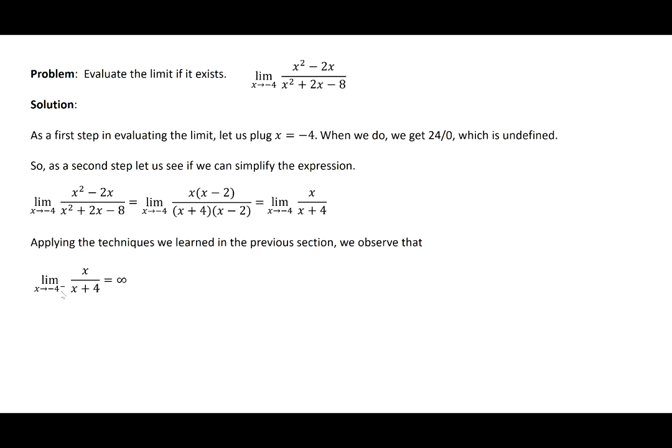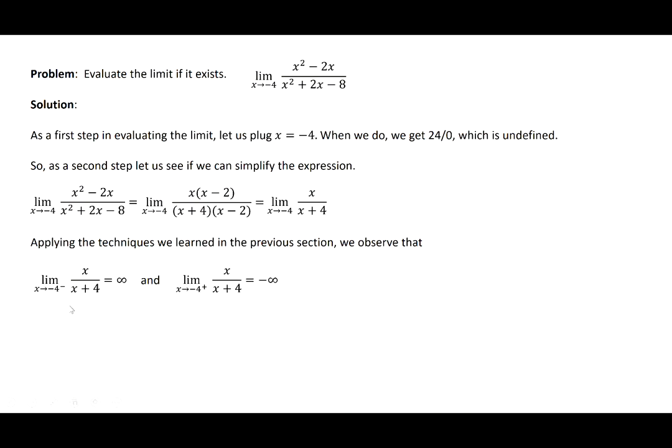You can plug numbers and see for yourself, folks. So that's a positive 401. If you come even closer, negative 4.001, you will get 4001 and 40,001 and so on. So that's definitely approaching positive infinity.